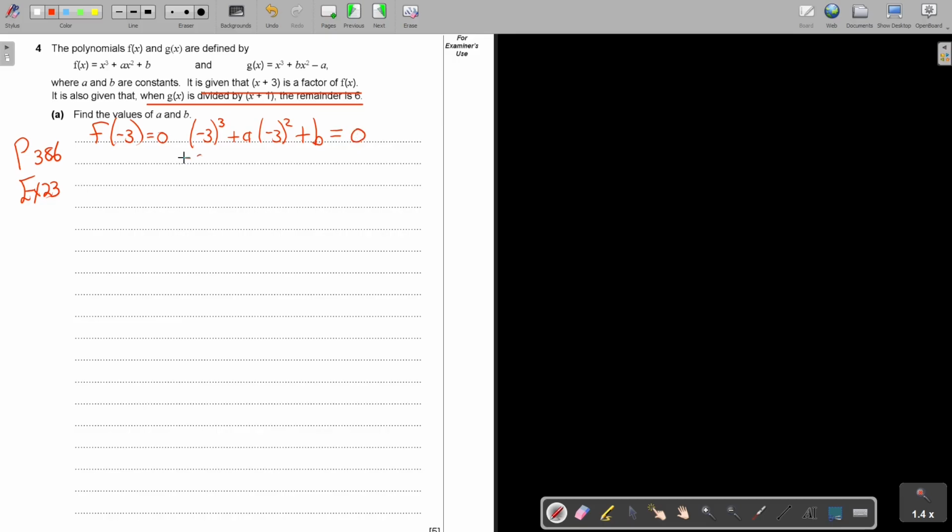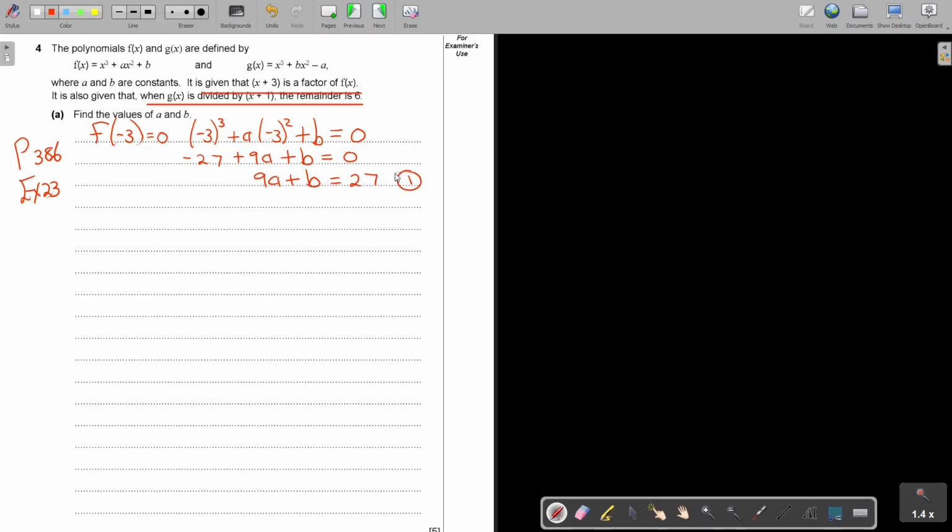So it's -27 plus 9a plus b equals 0. Sometimes it's better to work with the constant on the other side, so I'm going to move it, and then everything is positive. Let's call this equation 1.